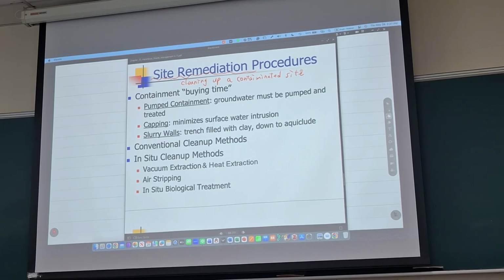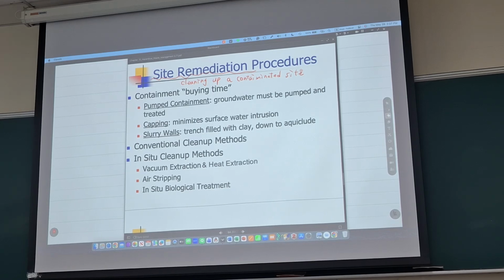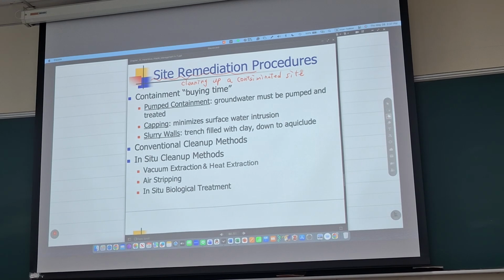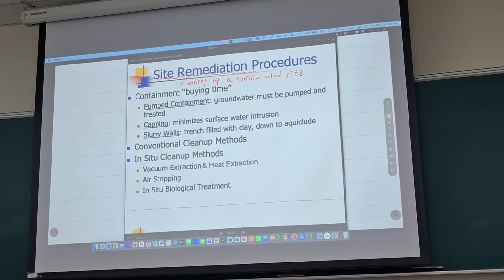I'm saying binding time here means the contaminant does not immediately remove all pollutions. It's just mainly to stop the pollution.